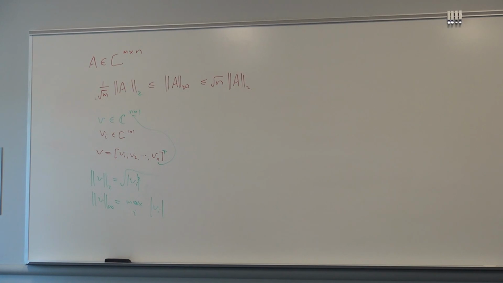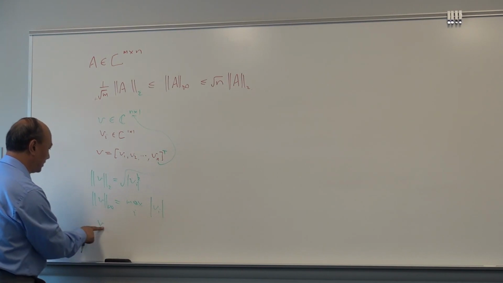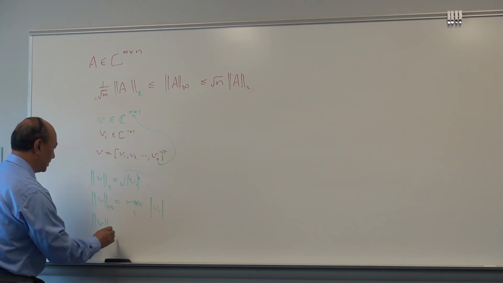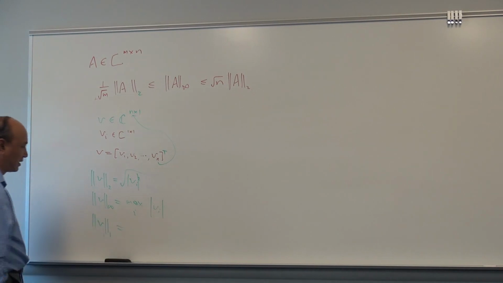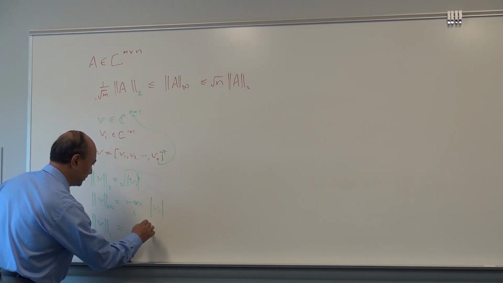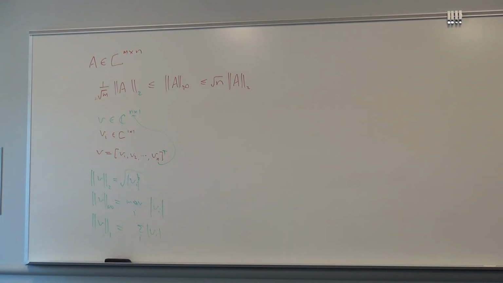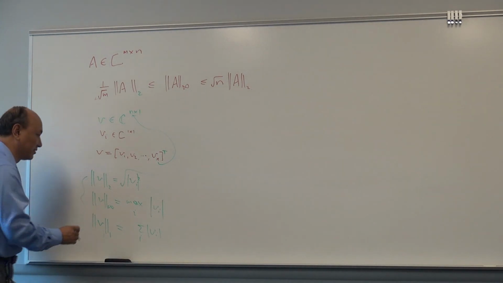The reason we put the absolute value is because of complex numbers. Of course, you have learned the 1-norm, which is just the sum of the absolute values of v_i over all i. Make sense? Just to recall this.